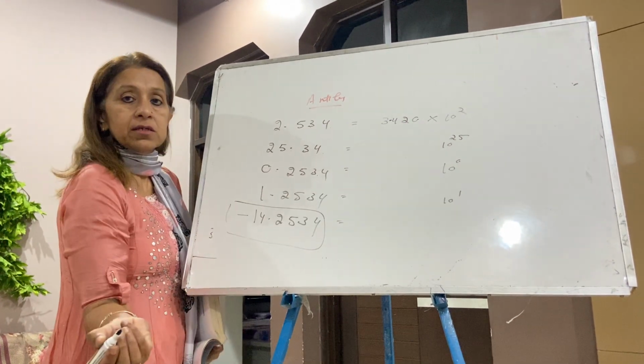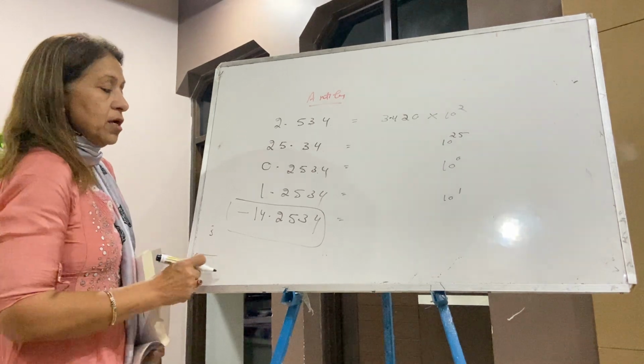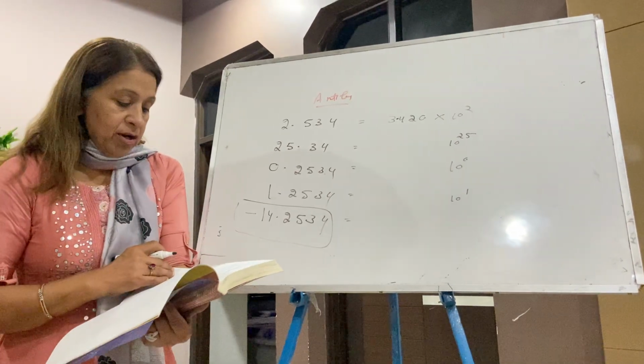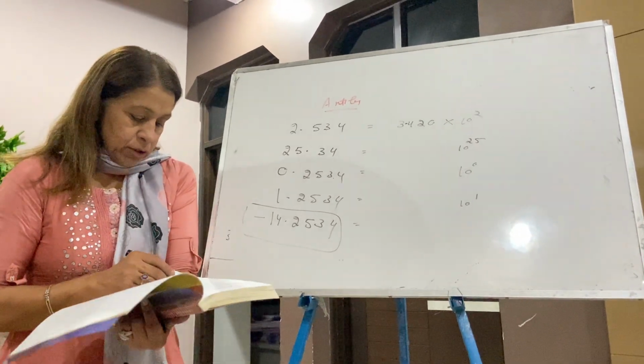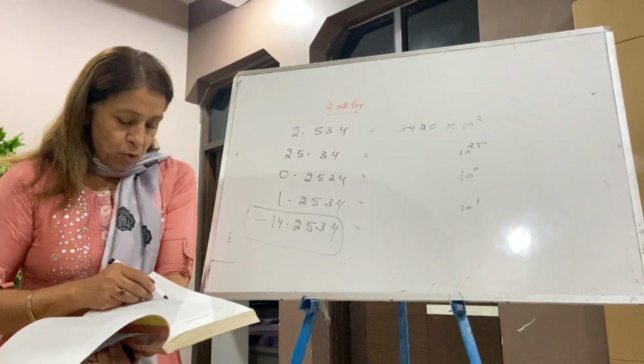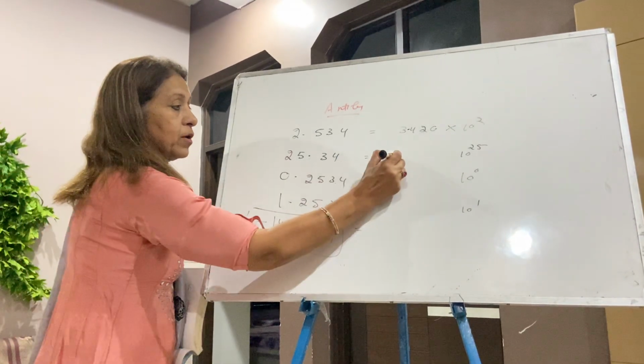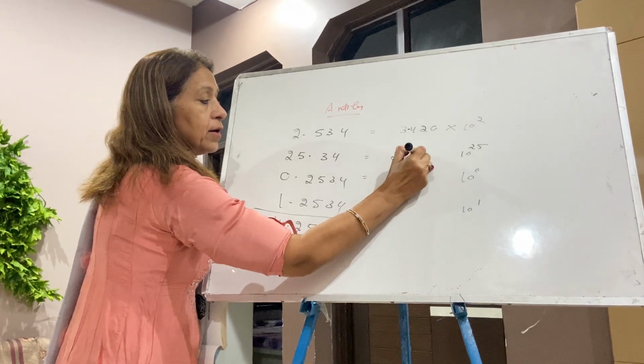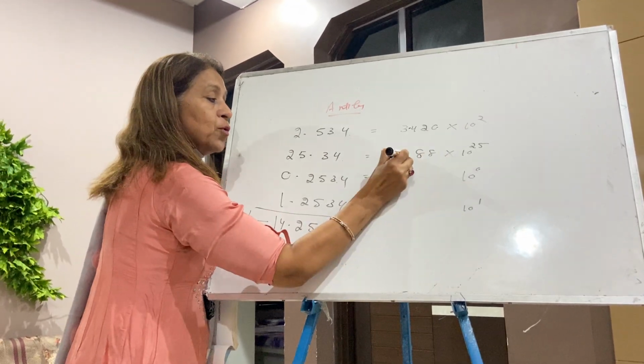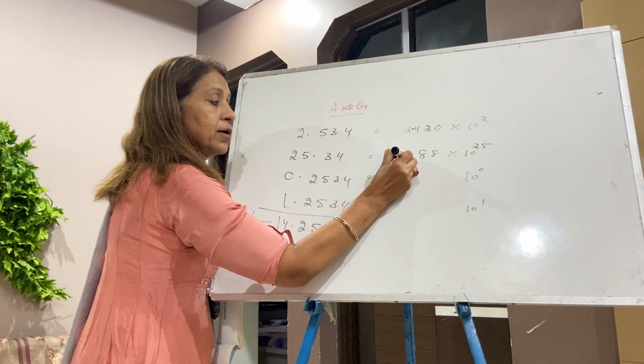This is the answer. Next, the antilog is of 0.34. It is 2188. Always put the decimal after one digit.